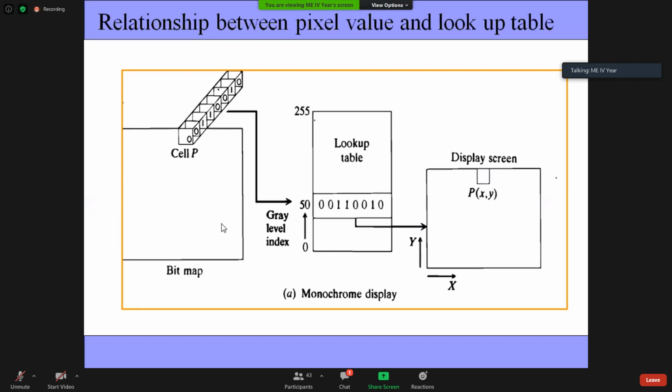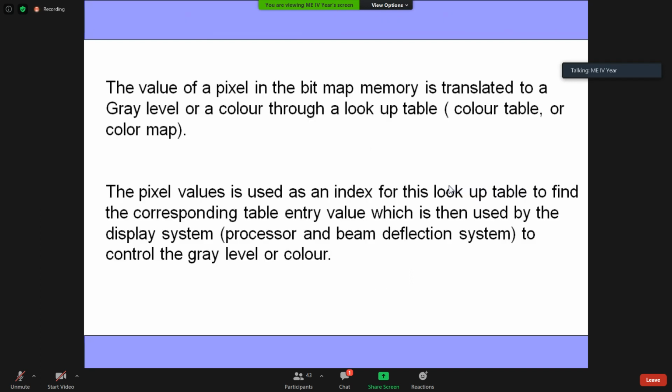Similarly, all the pixels available in this, the same signal will be passed to the display screen. Then only you are getting the clear image. This is the technology behind your screen or display device. Any display device you can take.